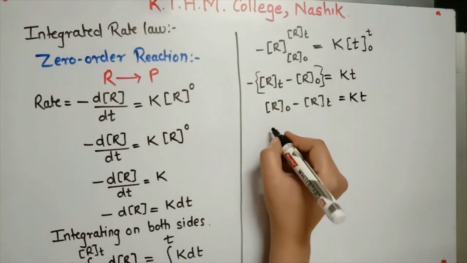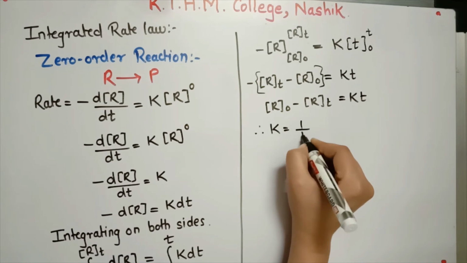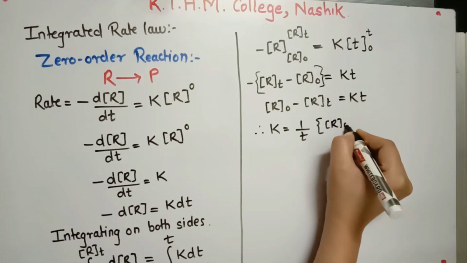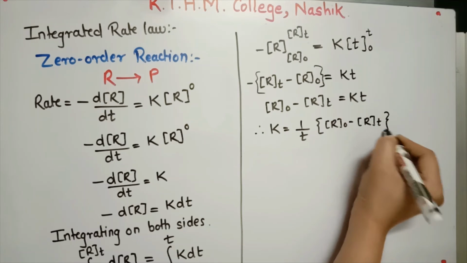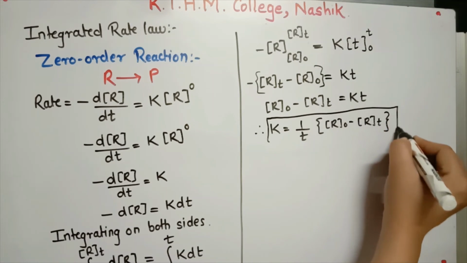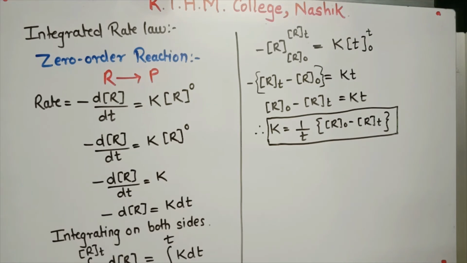Therefore K is equal to 1 upon T into R0 minus RT. So this is the integrated rate law for the zero order reaction.